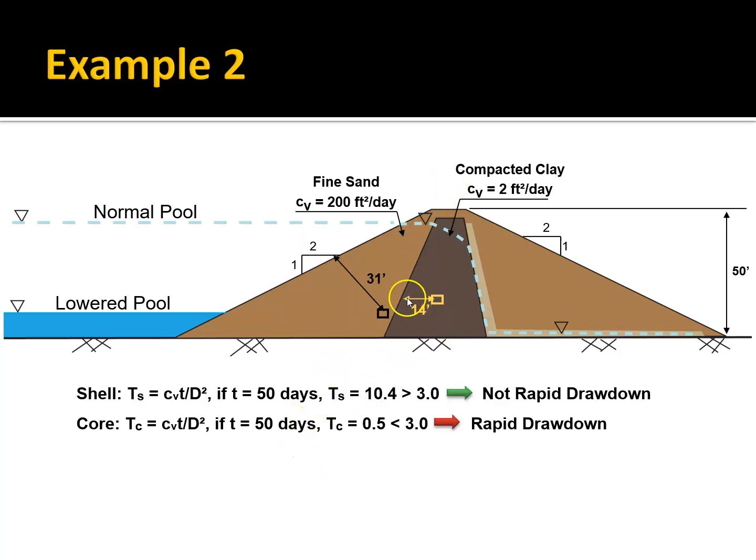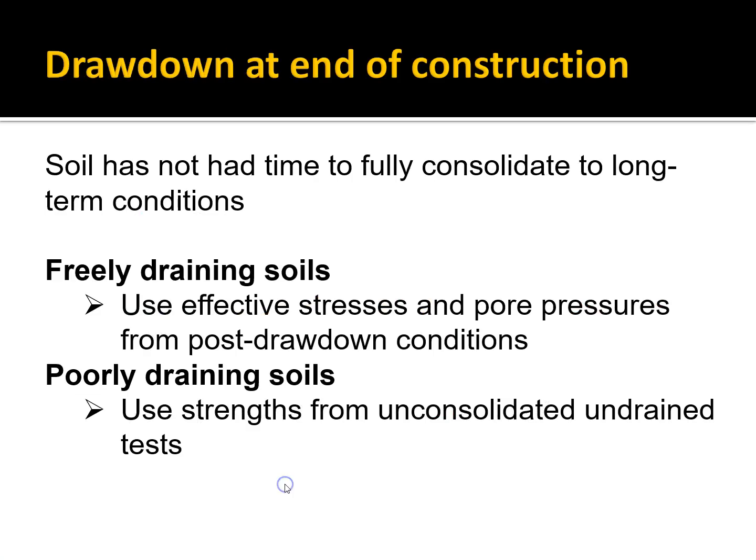Here in the core, the maximum drainage distance is 14 feet. In both cases, it takes 50 days for the pool to lower. And so if you plug in the drainage distances, the time, the coefficients of consolidation, notice the sand has a coefficient of consolidation two orders of magnitude greater than this, 200 feet squared per day.